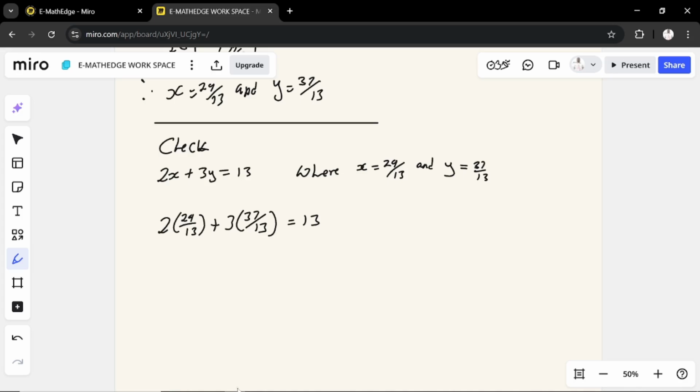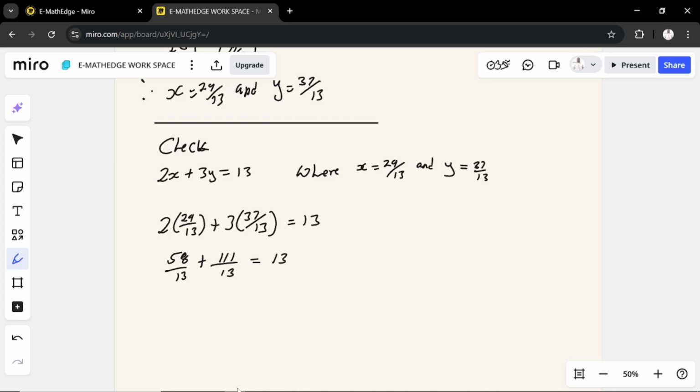So opening the brackets, we are going to have 2 multiplied by 29 is going to give us 58 all over 13 plus 3 multiplying 37 is 111 all over 13, which is equal to 13.